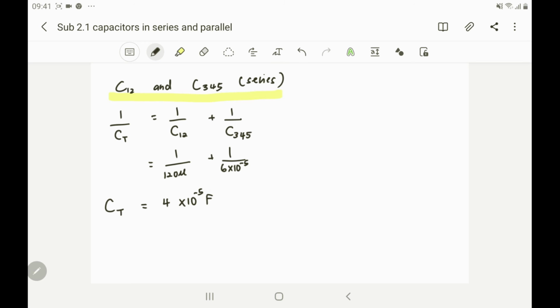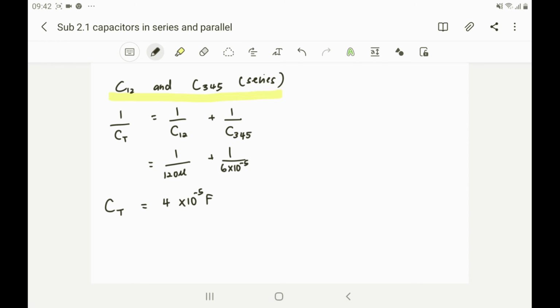But the question doesn't actually ask us to find the total capacitance. It wants us to calculate the voltage across each capacitor and also the energy stored by the 60 microfarad capacitor. So we want to calculate the voltage across C1, C2, C3, C4 and C5.